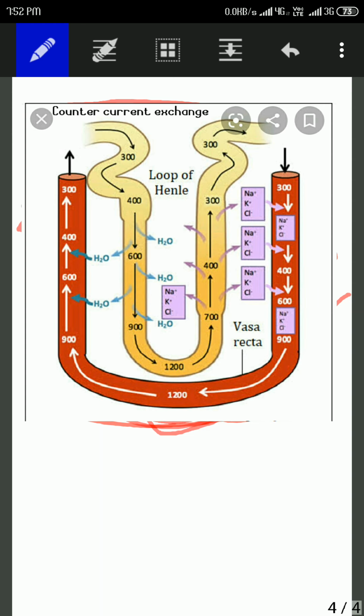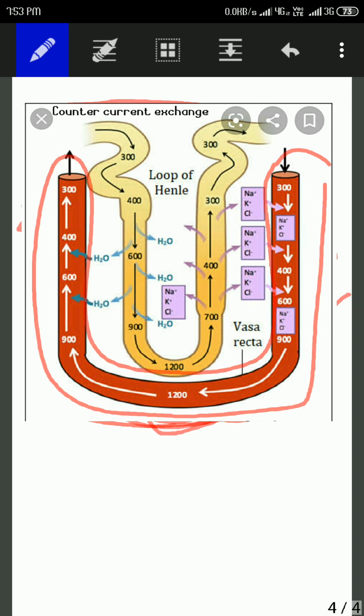That gradient is created by the help of counter current multiplication, which we have seen earlier, and it is maintained by the help of counter current exchange, which is done by the vasa recta.